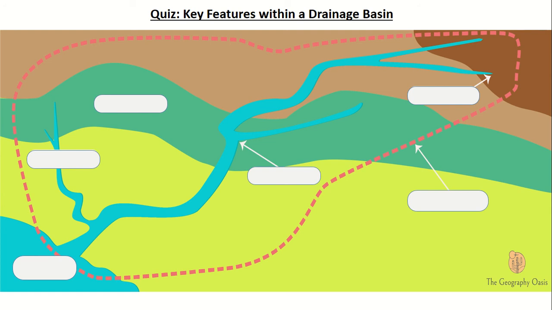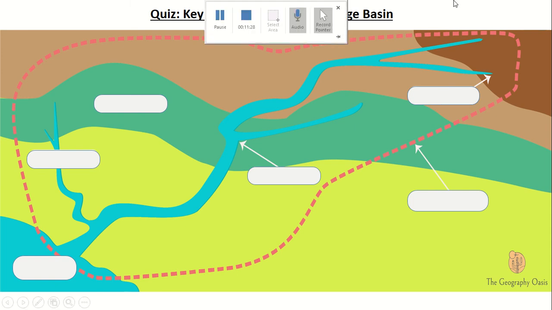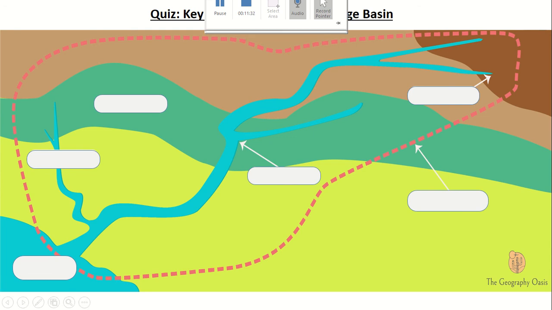So with a pen and a piece of paper, have that out in front of you now, and then jot down what you think each of those will be. Reminder, if you need some help, try and find the start and the end of the river, and the rest should make sense from that. So pause this video, and with a pen and paper now, can you jot down some ideas about what this would be? It might take you a couple of minutes, and then unpause once you've done.